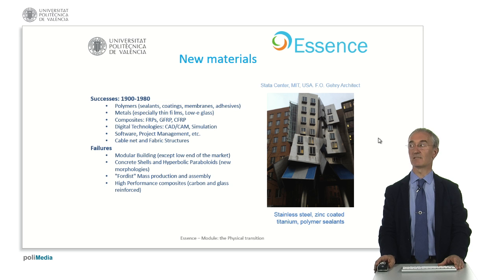The new materials, very fancy as you might see, like this MIT building, although it's not very sustainable, are providing both polymers, metals, composites. All in all, they are integrating all the different functions together through a matrix and some functional elements.